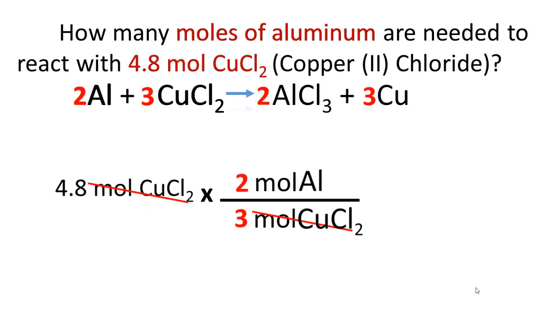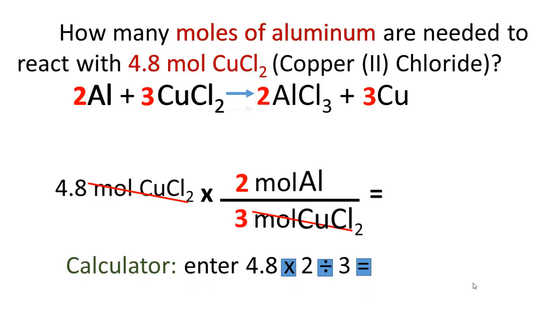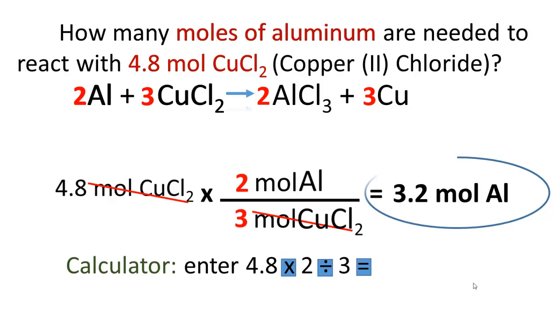The units, moles copper 2 chloride, factor out, and now we can grab our calculator since the moles of aluminum are what we are looking for. We would multiply by any numbers on top and divide by any numbers on bottom. So 4.8 times 2 divided by 3. Now we hit our equals button and round to 2 significant figures and circle our answer.